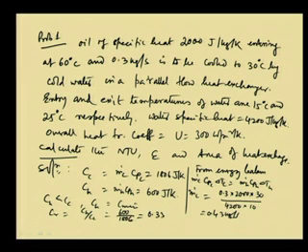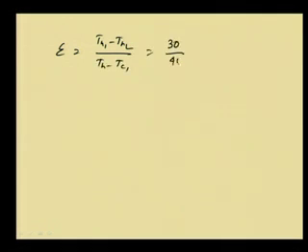Once we know Cr, with the hot fluid as the minimum fluid, the effectiveness is Th1 minus Th2 by Th1 minus Tc1, which is 30 by 45, and that is 0.67. So, we know the effectiveness factor.